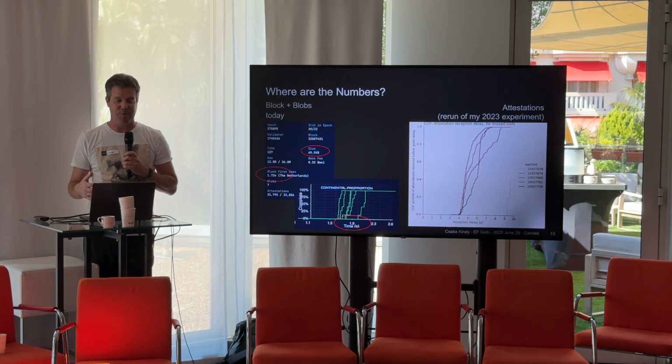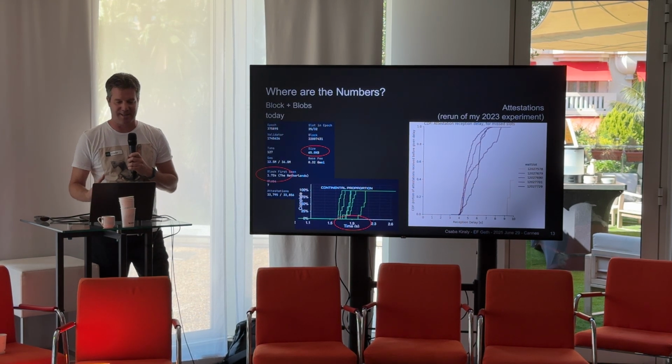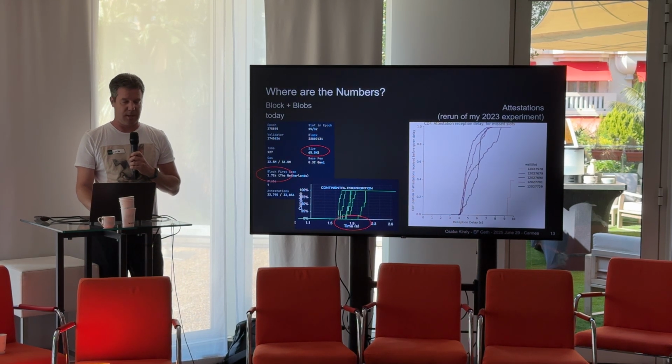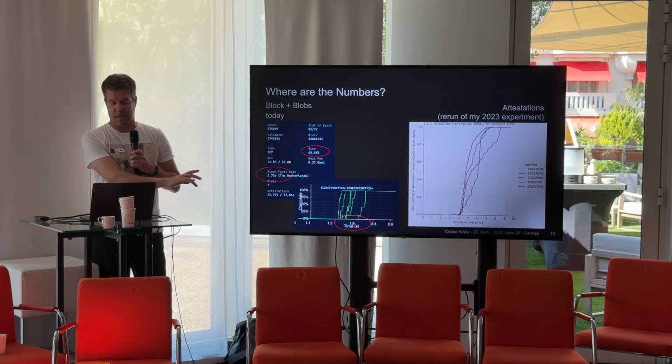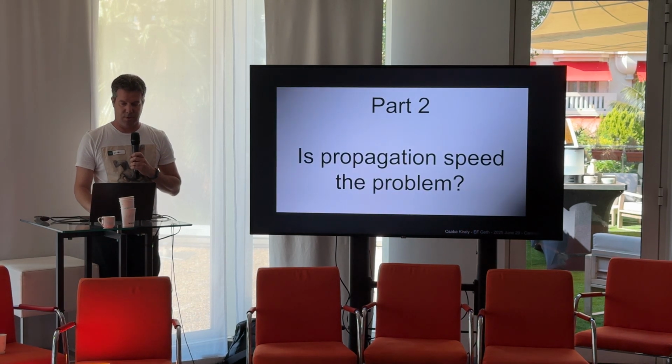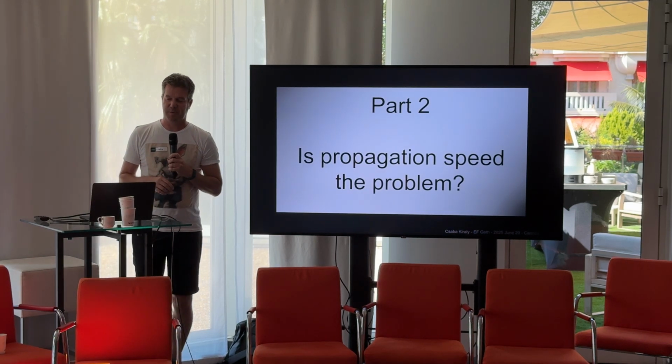And actually, even if you are simulating this, it's really hard to get to the point where you can say, I have 10 to the minus 6 that it won't go above 4 seconds, because you just can't capture all the complexity of the system. Okay, but I mean, the numbers are nice. We have these small numbers. So let me go to part 2 of my presentation, which I was calling Is Propagation Speed a Problem?